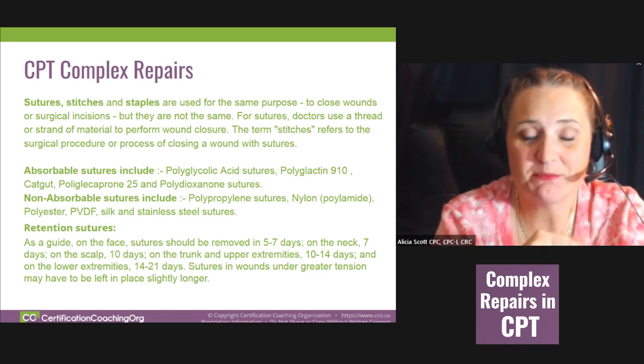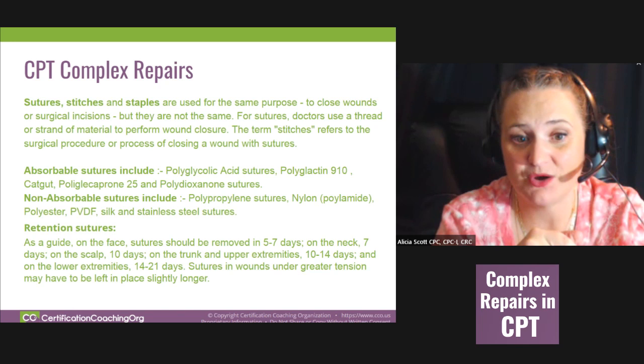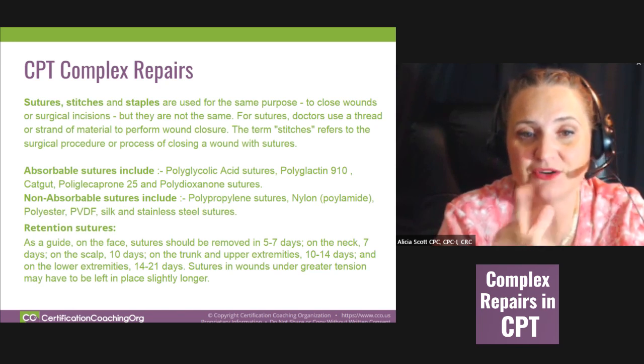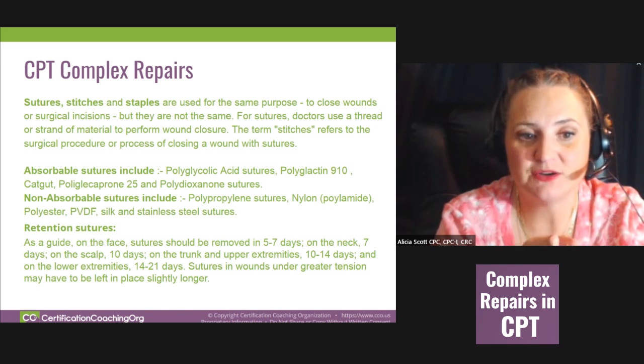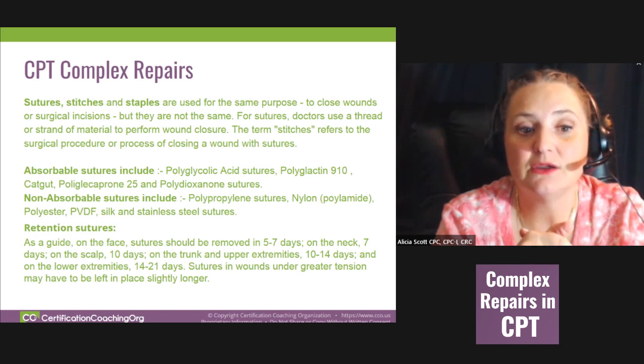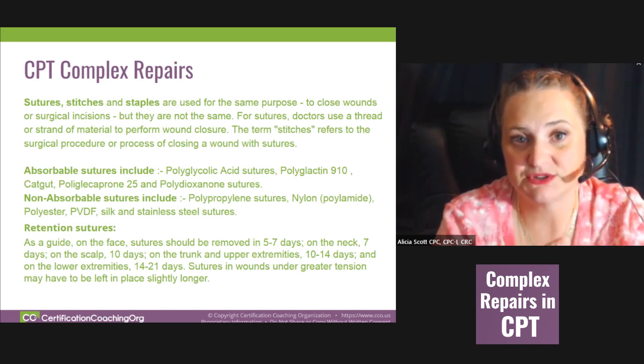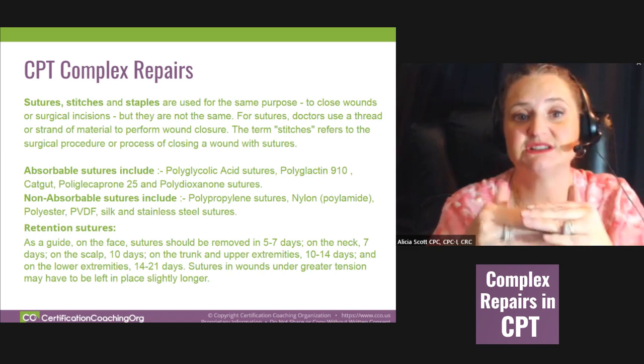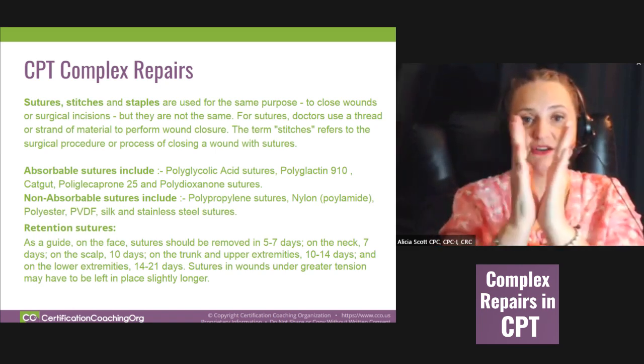And the term poly, as you may know, is going to be your giveaway. Often when you see poly, P-O-L-Y or P-O-L-I, it is going to be an absorbable suture. So it will be a suture that's done inside the layers.